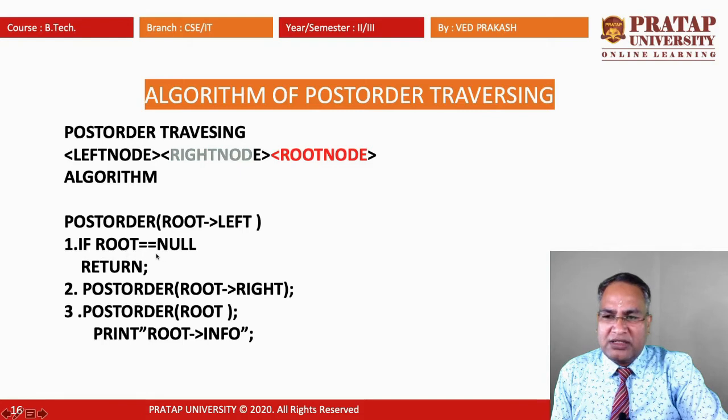If root is null, then we return, and after that we post-order process the root's right, which means we process the right subtree of the tree, and after that we post-order process the root, and when processing the root we print the data value or info value of the root.